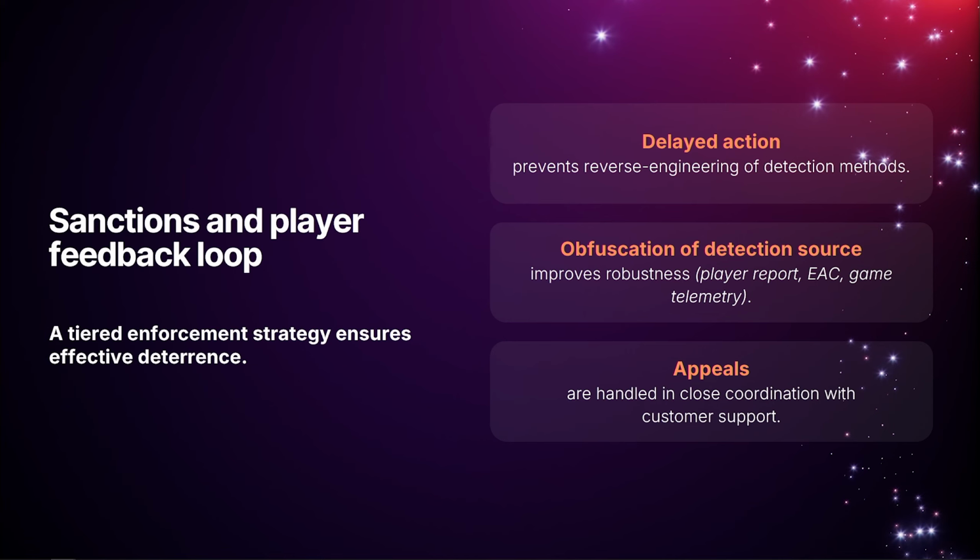We always look at how we can keep a player engaged with the title. The important thing for us is to give players who misbehave the chance to actually learn and do better next time. On the other hand, we do not want to give away the tactics of how we actually detect someone.